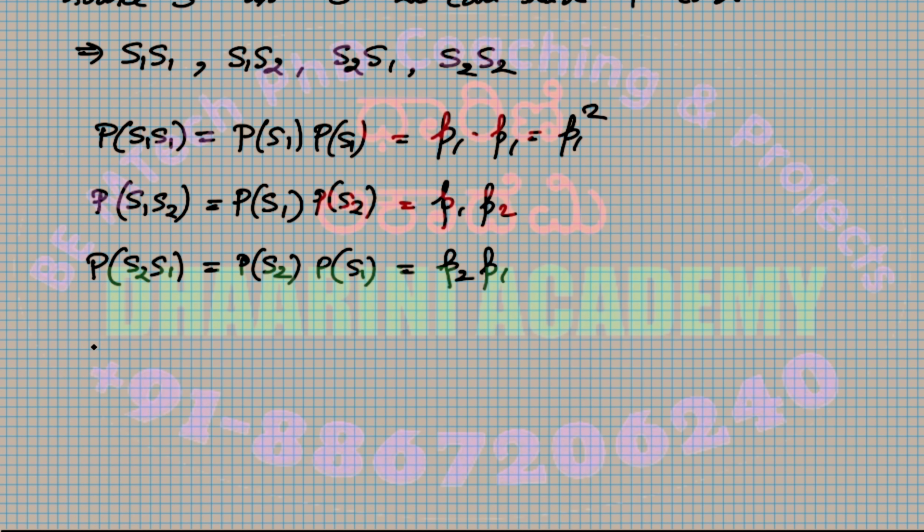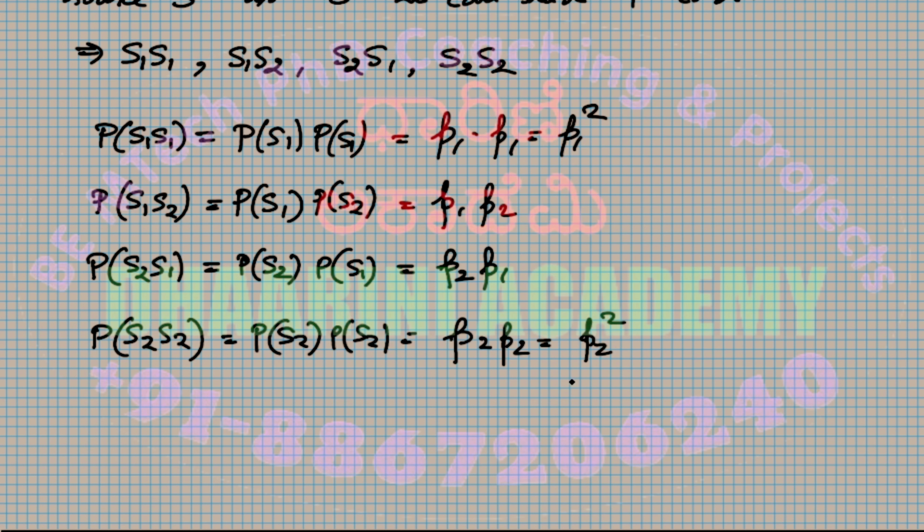And the last one, probability of S2 S2, is probability of S2 times probability of S2, so that is P2 squared. So these are the probabilities. Are you okay?